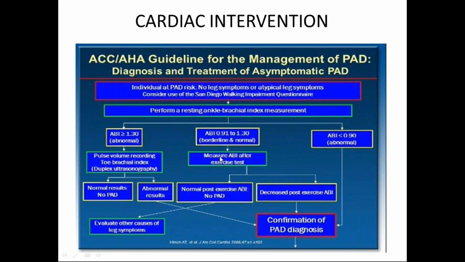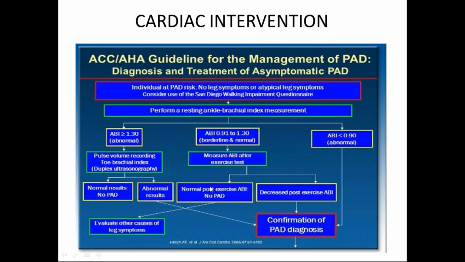You're going to measure the ABI after exercise, just like you do a stress test for patients who present with chest pain. So if it's borderline and the patient still gives you a history of pain in the leg when they walk, you do a stress test.